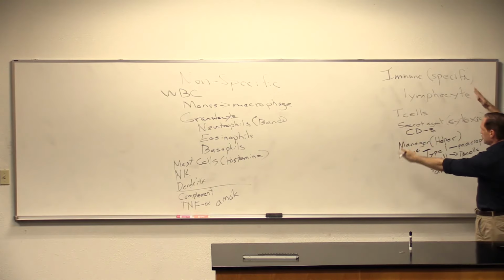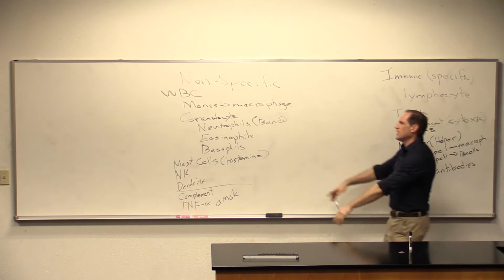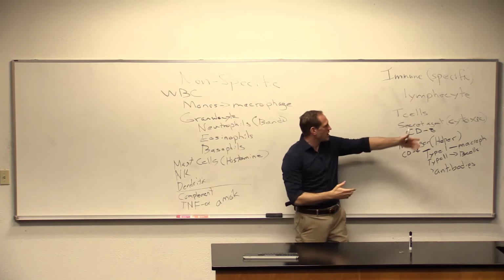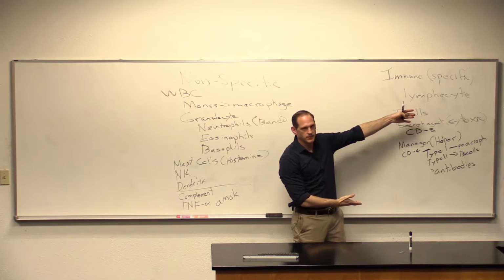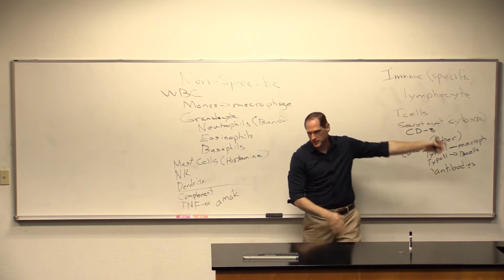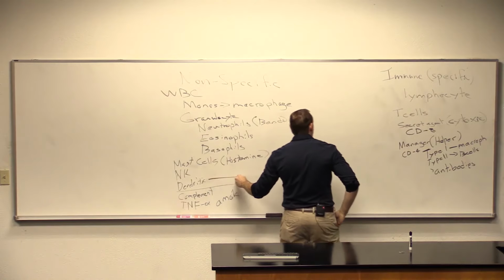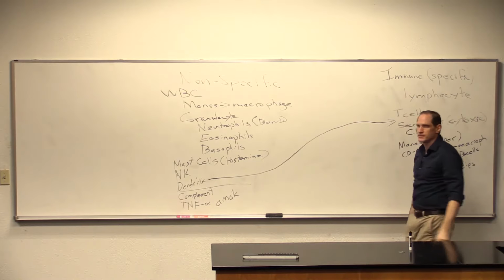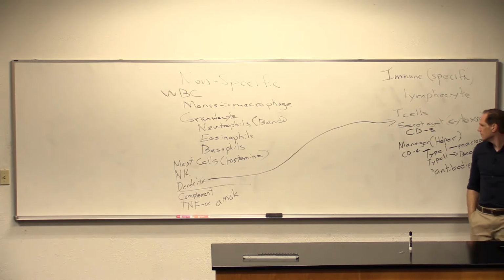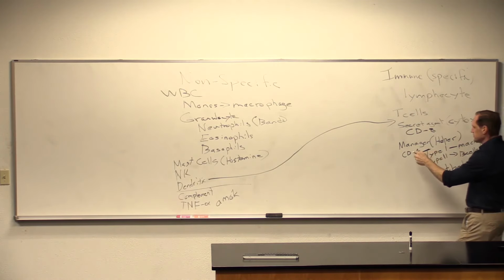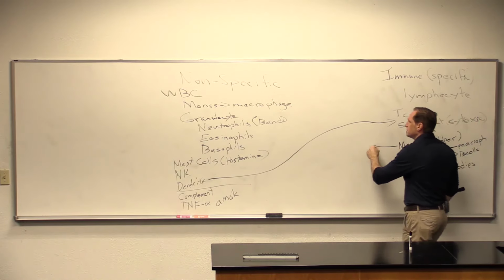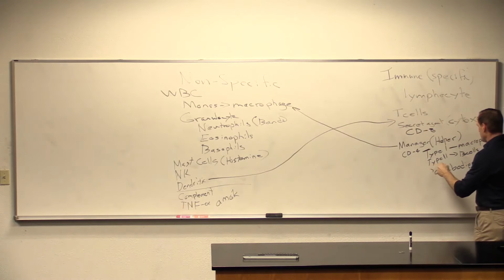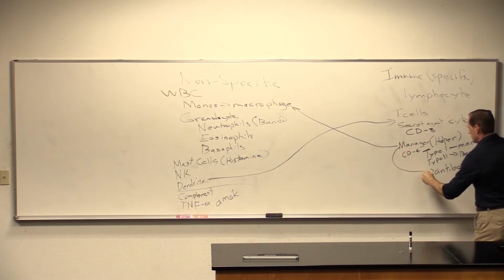All right, so now what we're going to do is draw some connections. Over here we have immunity, which is specific. Over here we have inflammation, which is non-specific. Now, what starts the specific? A dendritic cell. So a dendritic cell is going to come over here and activate a T cell, right? T cells are going to then in turn manage macrophages, and they're also going to manage B cells.